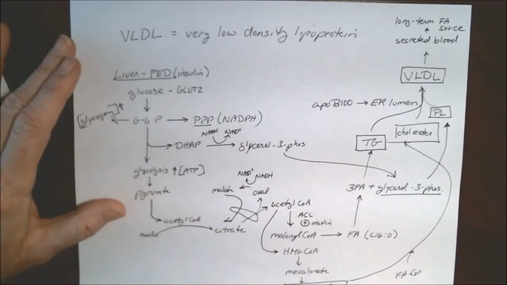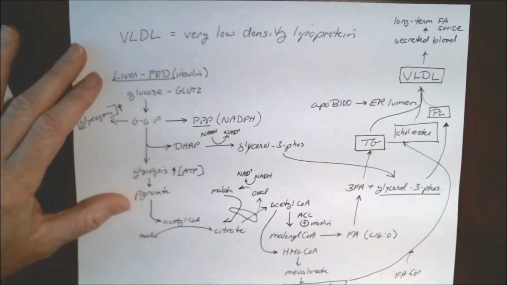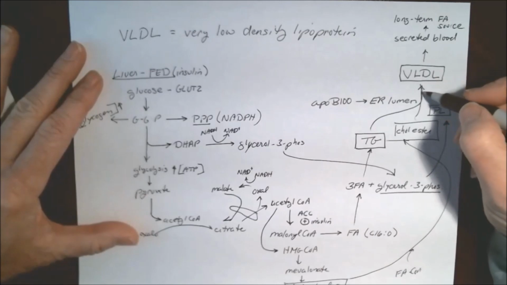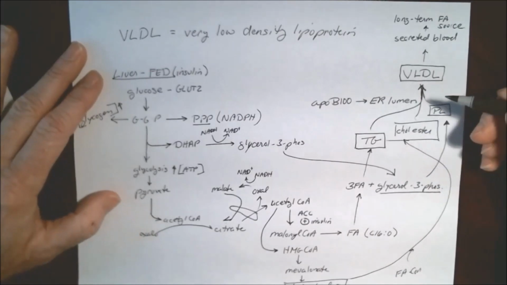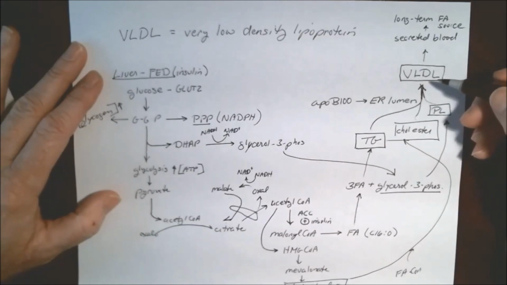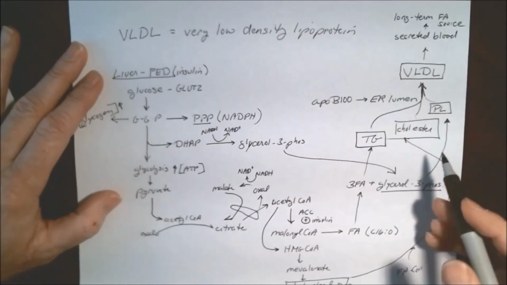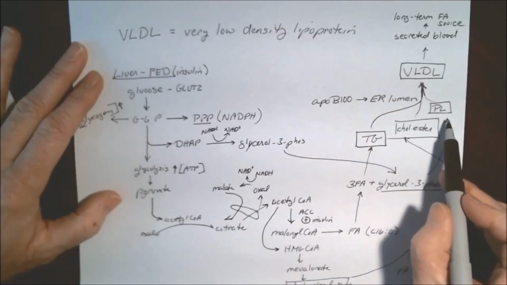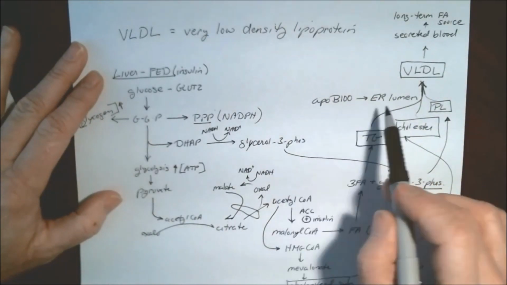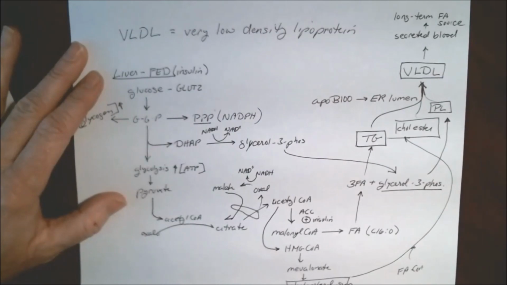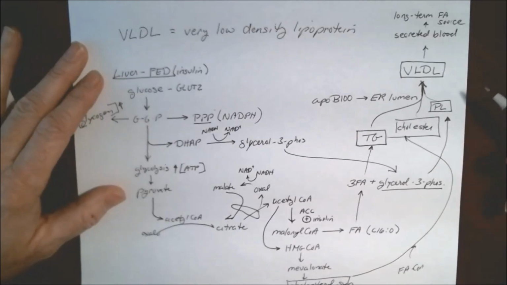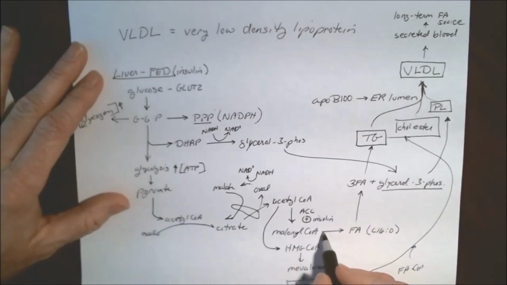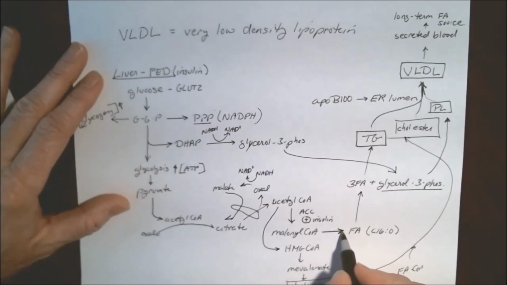Now, I think I also mentioned another level of regulation to be aware of: if this pathway of VLDL assembly becomes rate limiting, so that the combining of all of these hydrophobic storage molecules with ApoB100 to form the VLDL lipoprotein particle becomes saturated, we have to slow the rate of fatty acid synthesis.